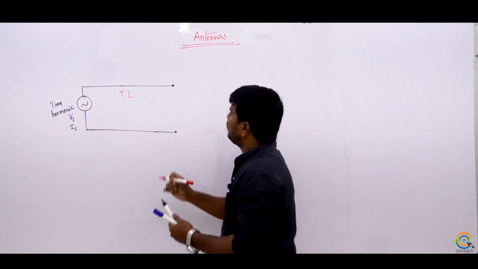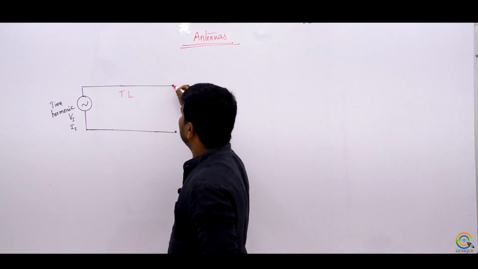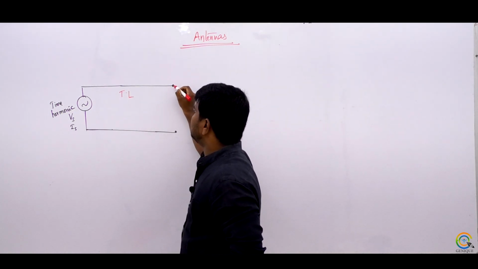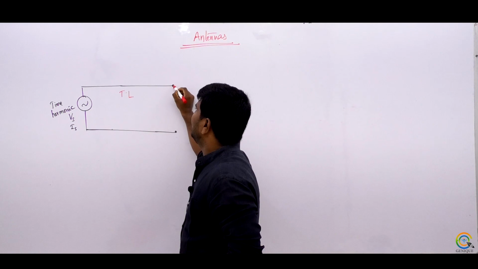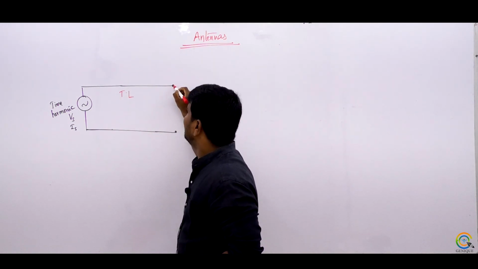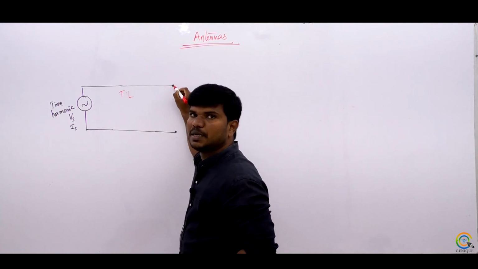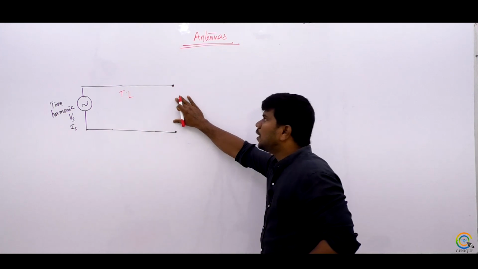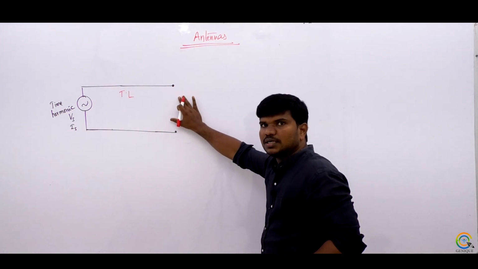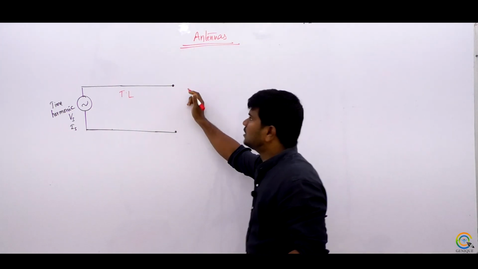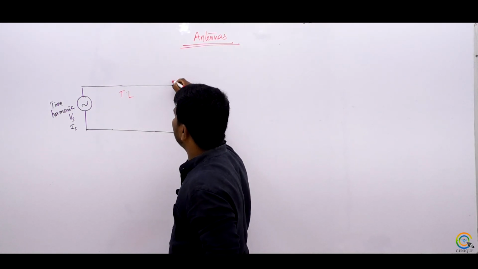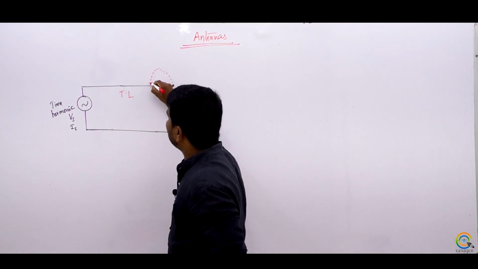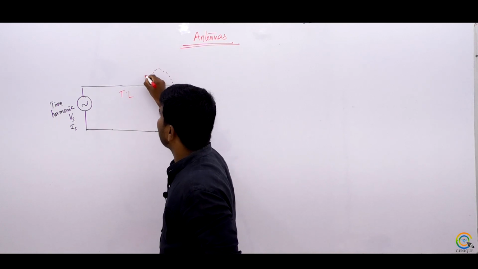Here at the open circuit, what will be the current? At the load the current will be minimum, because the load is open circuited. At the load the current is 0. So you will get current minima here, then maxima, minima, maxima, minima.